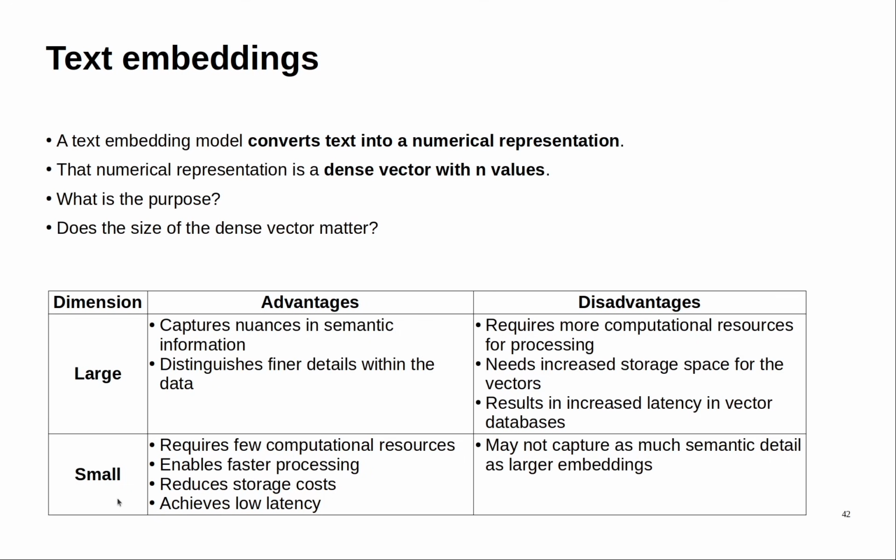For smaller values of n, they need fewer computational resources, they are faster to process, they take less storage space, and have no latency issues. But the main downside is that smaller embeddings can't capture as much detailed information as larger ones. So there is a trade-off between the two.